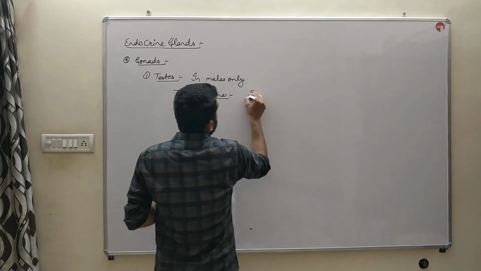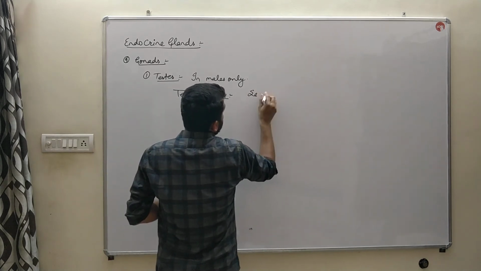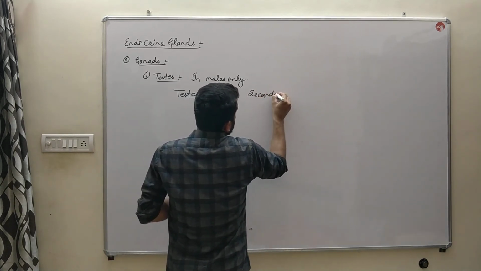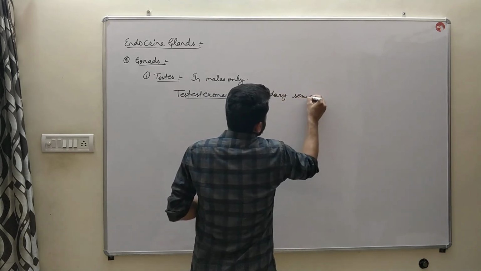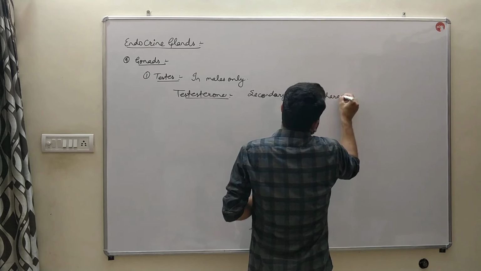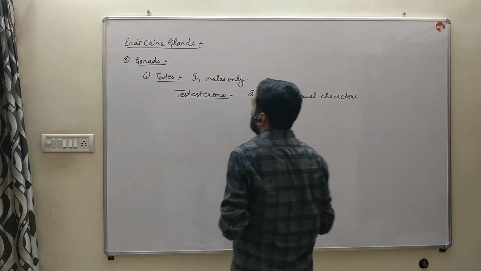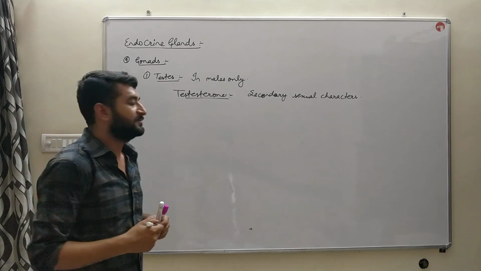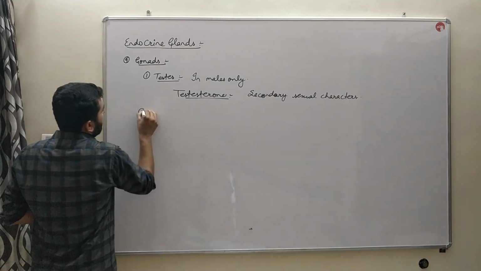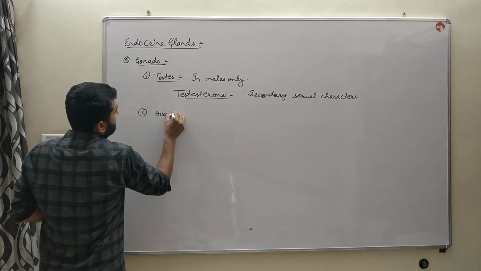Testosterone is responsible for the secondary sexual characters in males, as well as it is responsible for the production of sperm in the testes of males. The second gonad which is in your syllabus is ovaries.